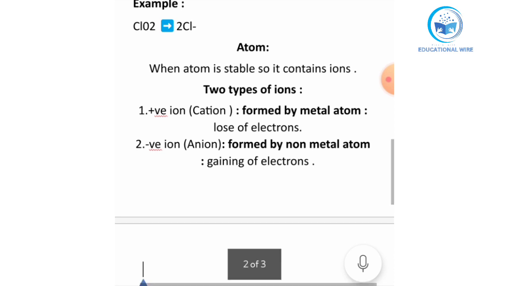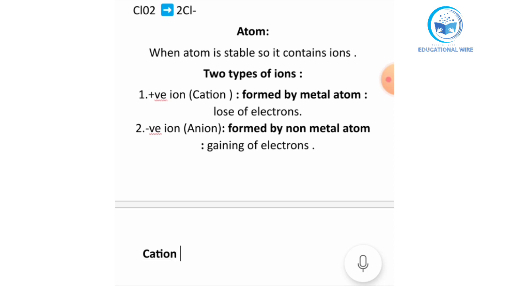Now let's talk about what a cation is and what an anion is. In cation there are two words, cat and ion. Firstly, what does cat mean? Cat means to cut off, to cut off electrons, and ion simply remains.